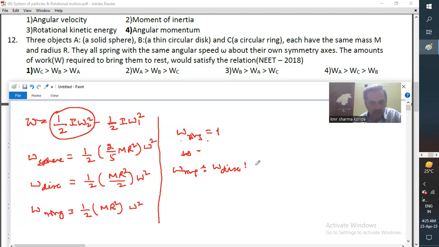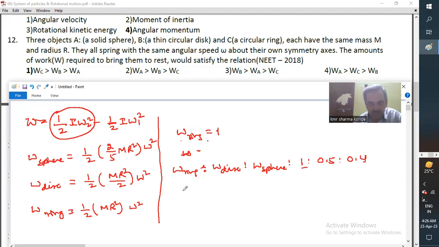Look at this: the half and omega square are the same for all. The only thing that differs is mr square. So the factors are 1, 0.5, and 0.4. So you can say that 1 is greater than all these.